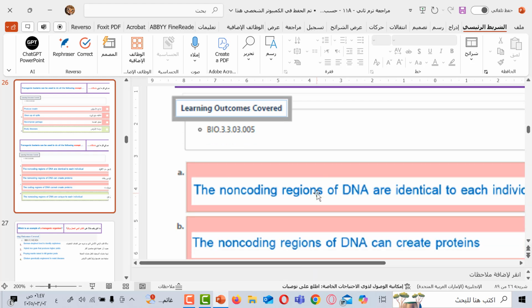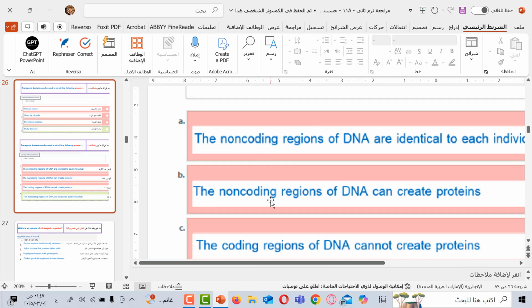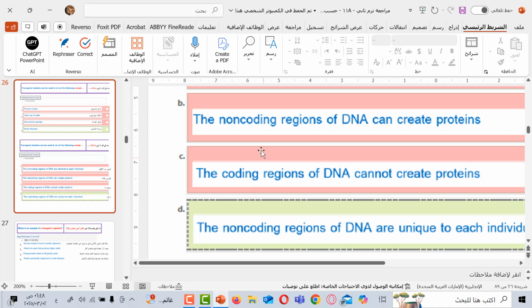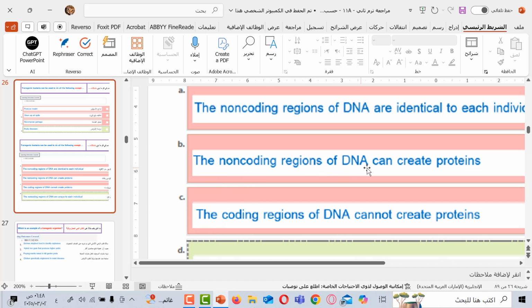Which one? Let's see. The non-coding regions of DNA are identical in each individual. The non-coding region of DNA can create proteins. The coding regions of DNA cannot create proteins.